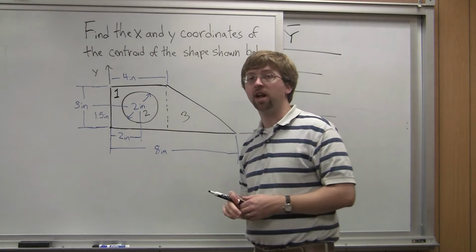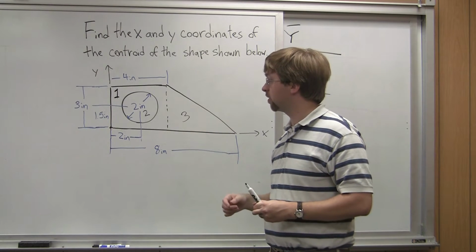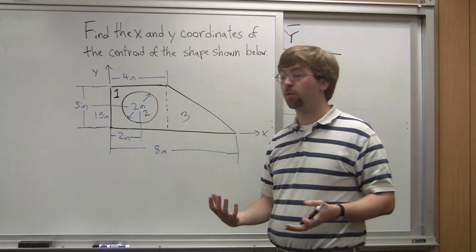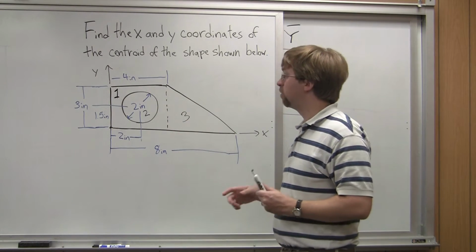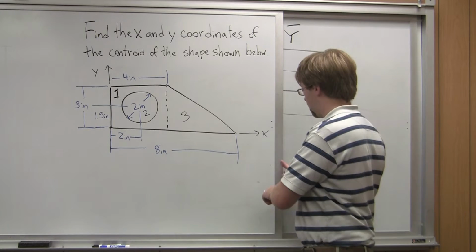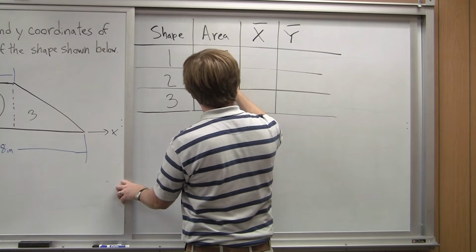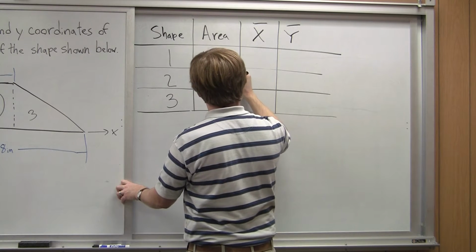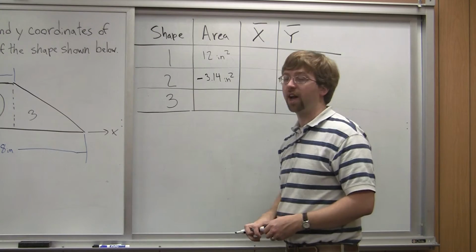That means I'm going to count it as a negative area. The area of that circle is going to be pi r squared. If diameter is 2 inches, my radius is 1 inch. So pi times 1 squared gives me roughly 3.14 square inches. And again, it's going to be negative because it's a cutout.